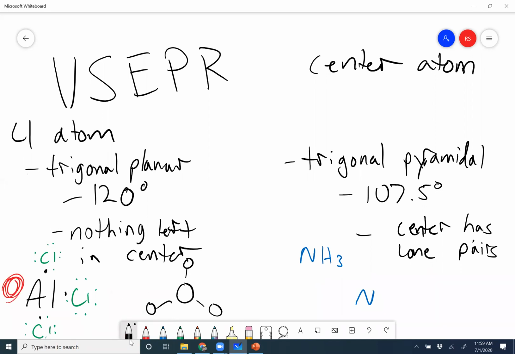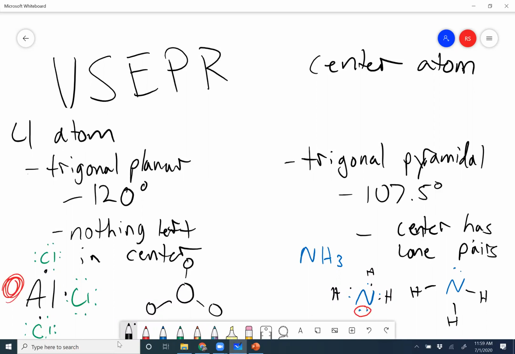And if we draw our dots and we put hydrogens on there, you'll notice now, instead of that big empty space like we had on the aluminum, we have a lone pair. So the lone pair is going to take up space, and so the hydrogens have to bend out of the way, and we get the pyramid.